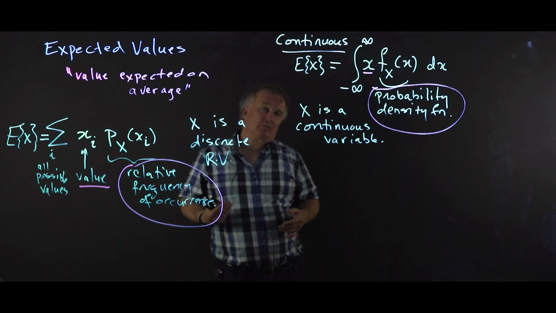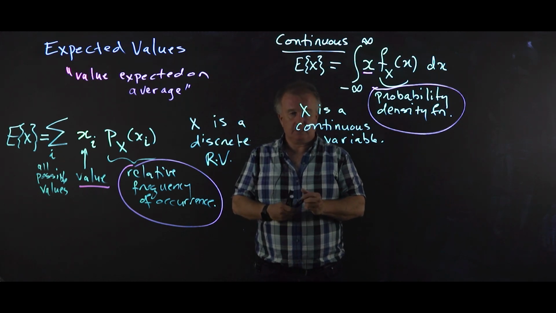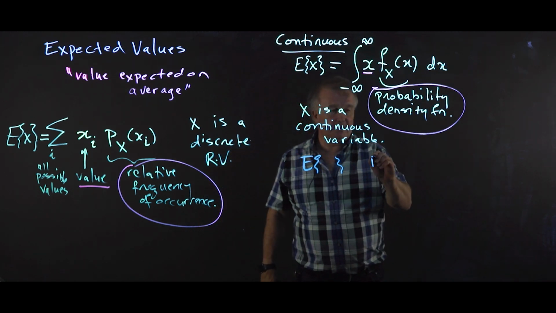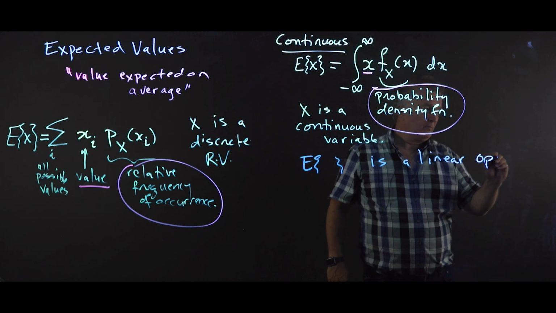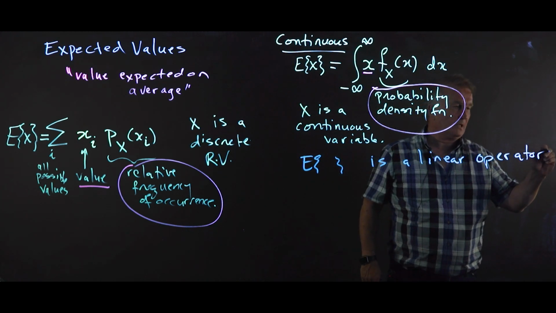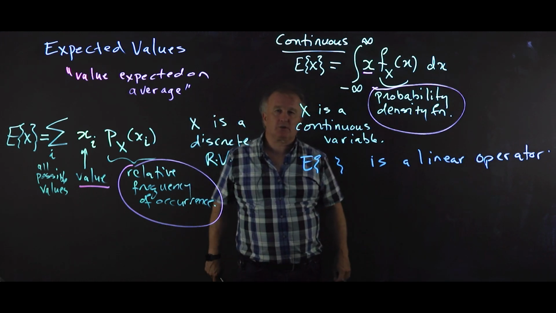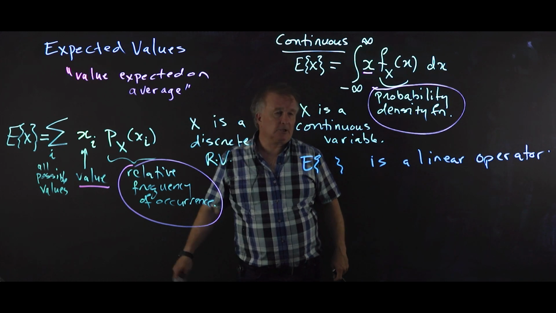A couple of really important properties of expected values, and the first one is that the expected value operation is a linear operation. Some of you may have taken the intro control course from me, where we talked about Laplace transforms. Laplace transforms are another example of a linear operator.